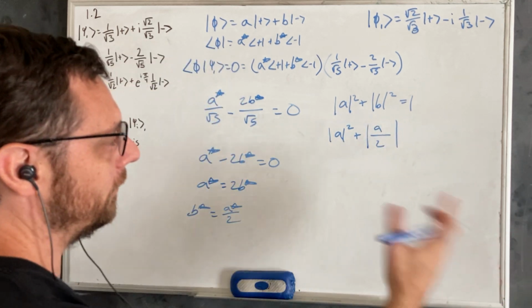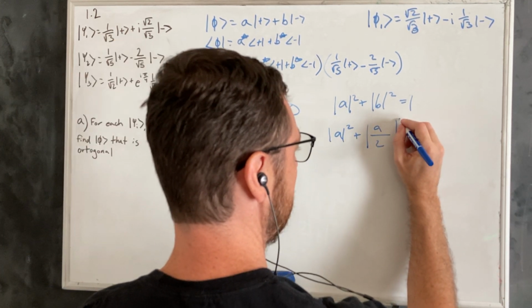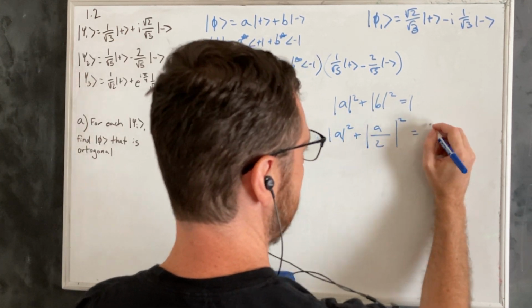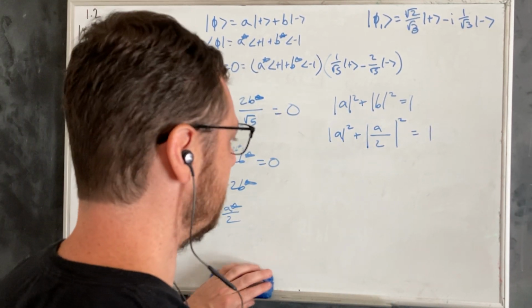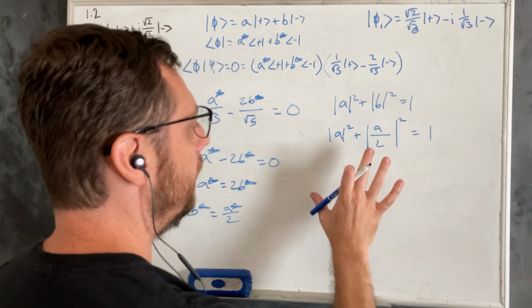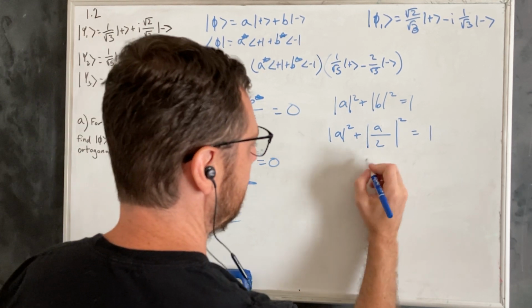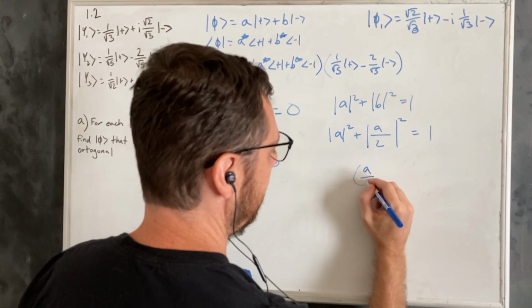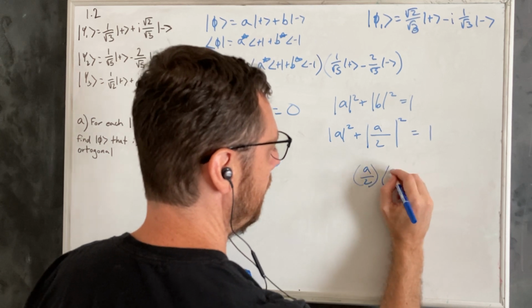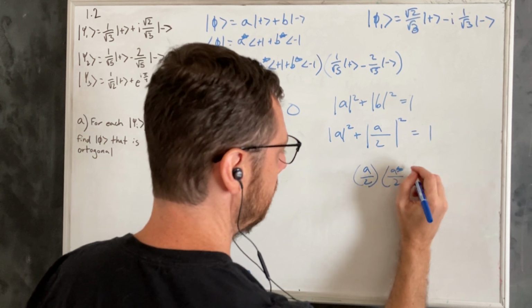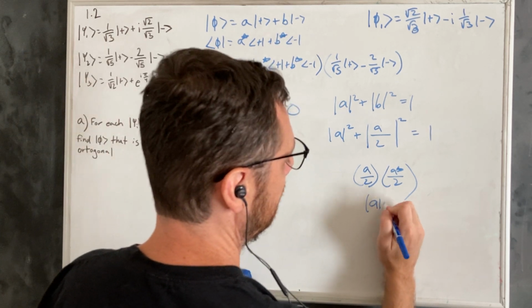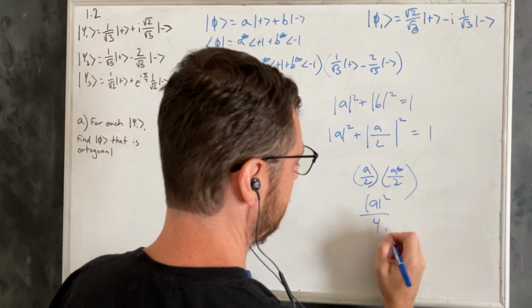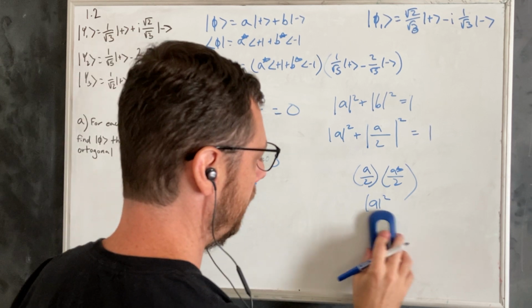But again, it doesn't matter because we're going to end up multiplying it with the complex conjugate, but just for consistency and accuracy. So anyways, this term is going to be a over 2 times a star over 2. All right, and then that's going to be a squared over 4. Or we can say 1/4.